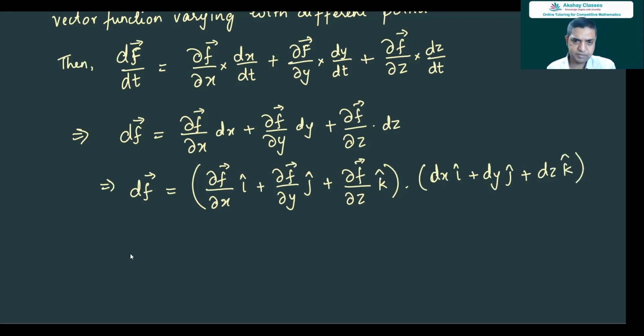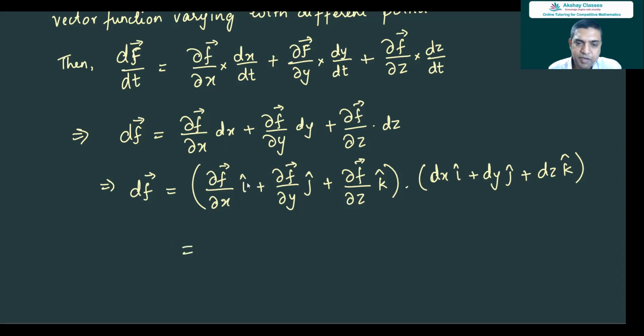Look at this dot product. The dot product of two vectors a1 i plus a2 j plus a3 k with b1 i plus b2 j plus b3 k is a1b1 plus a2b2 plus a3b3. Yesterday we did that. So the dot product of these will give you this, and we have rewritten it in this form.